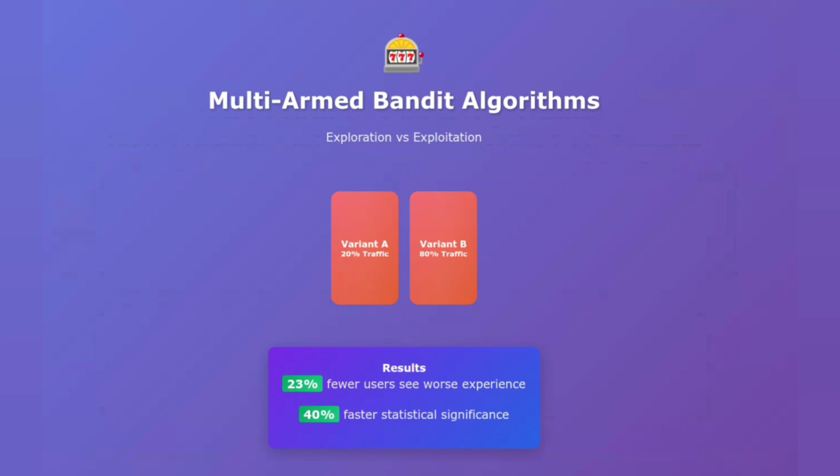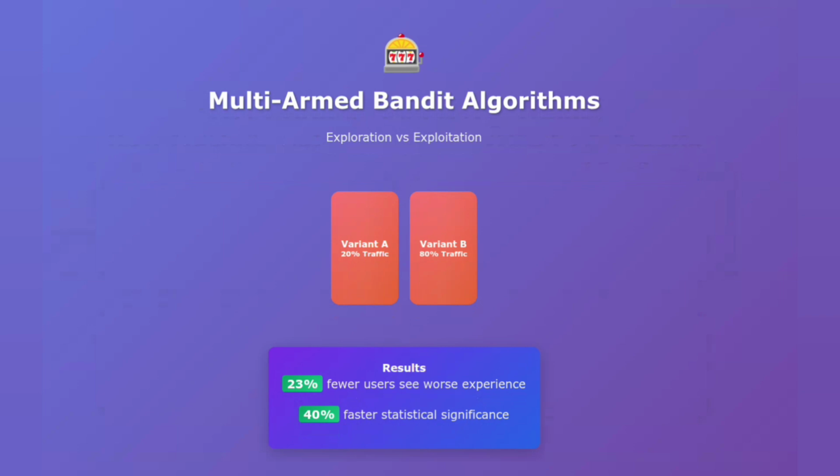The epsilon greedy algorithm is the simplest approach. Most of the time, 1 minus epsilon, you choose the best performing variant. But epsilon% of the time, you randomly explore other options. A more sophisticated approach is Thompson sampling, which uses Bayesian inference to balance exploration and exploitation based on uncertainty.